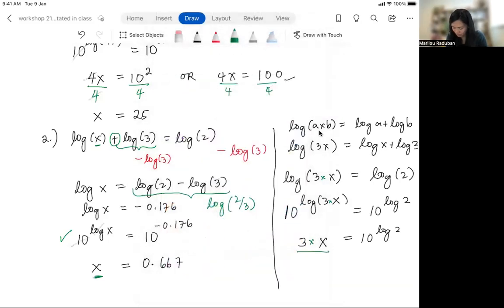So you have 3 times x divided by 3. Then x is equal to, so 10 to the log 2 will also disappear. I should simplify that, because 10 to the log 2 will just become 2. So x is equal to 2/3, which is also equal to 0.667.